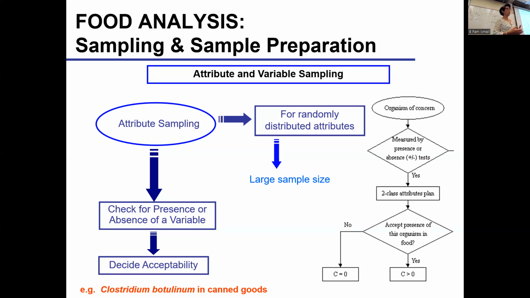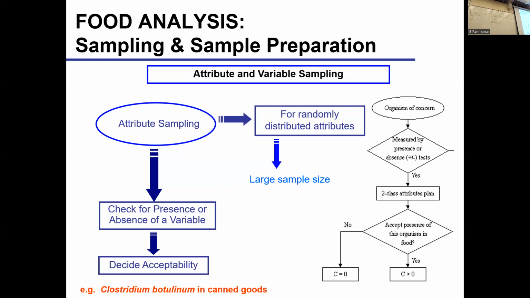You must put on the label if it contains peanuts or one of the other big 9 allergens now, with sesame being added to the big 8. So you have to put it on the label, so you would do an allergy test. That's another example besides Clostridium. So present or not present?